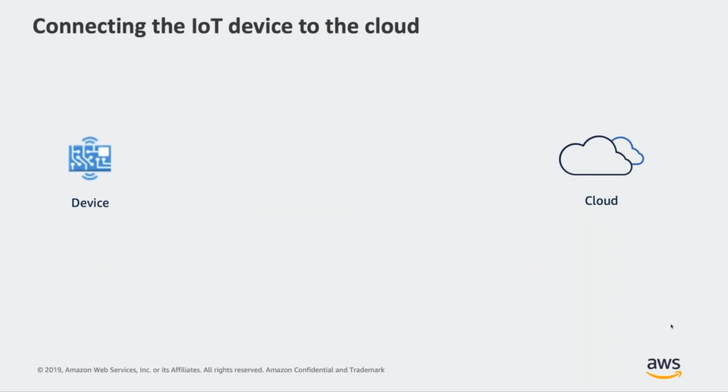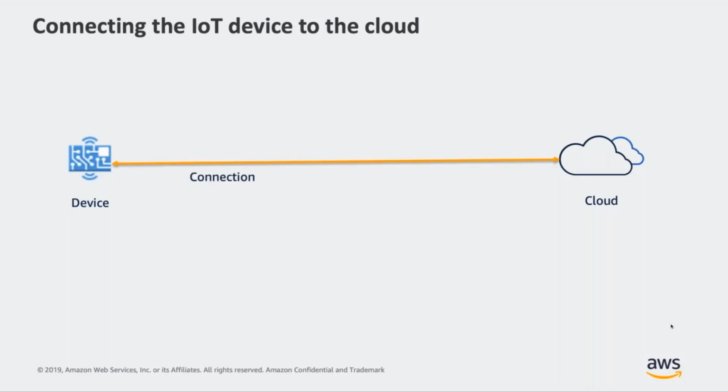Now, having seen the different ingest patterns, let's look at what it takes to connect a device to something in the cloud, and what it takes to establish that communication between the device and the cloud and start exchanging messages between these two things.